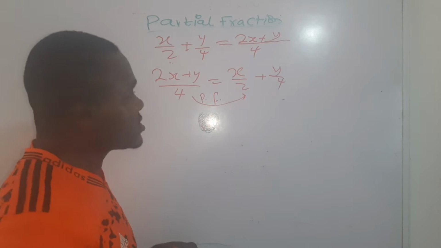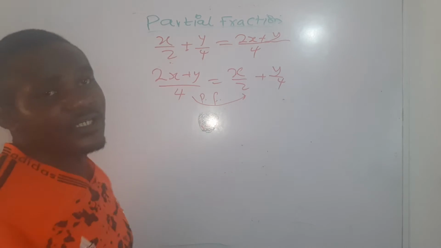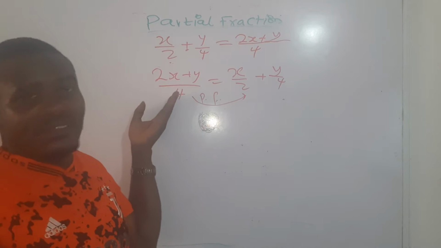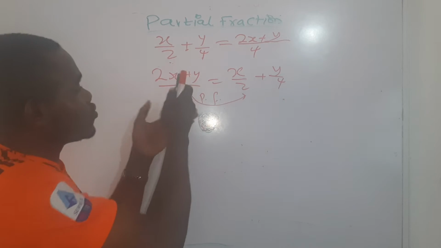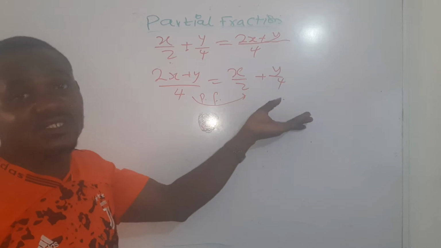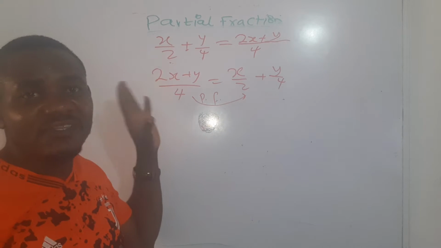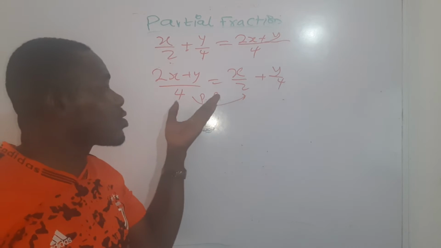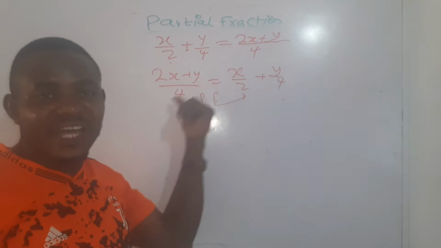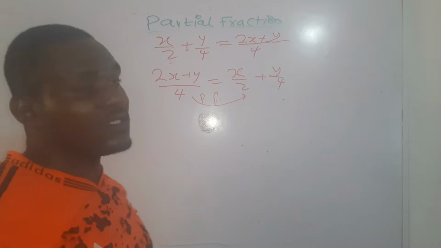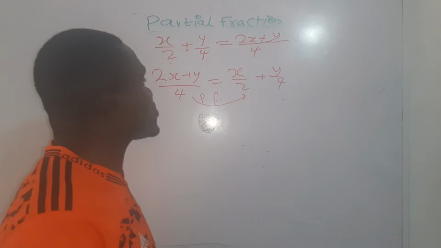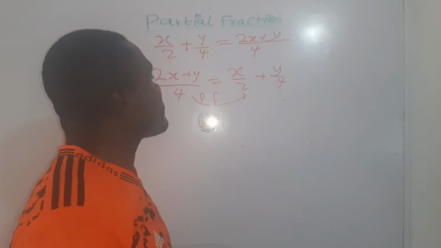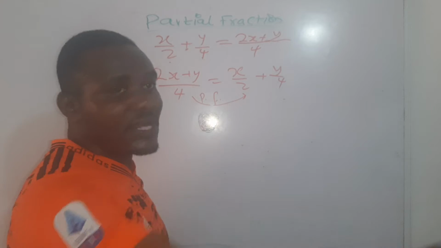Here, because I formed this question, it may be easy to split it when I look at it critically. But what if you have it in a complex form, how do you simplify it? So we use what we call partial fraction to simplify the fraction. So that is what partial fraction is for: you are decomposing a single fraction into simpler fractions.